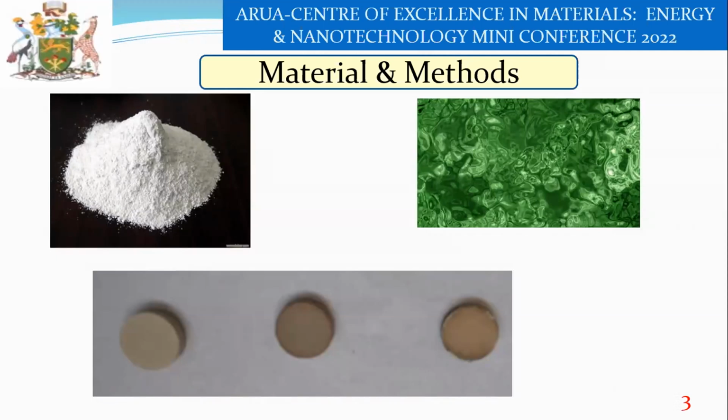I'm not going to dwell on how we did this because we have reported a lot on the procedures. We mixed diatomaceous earth and the extracted organic binder to make these membranes, which when they were not dry, looked like that.